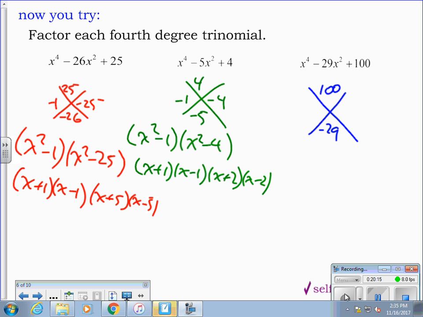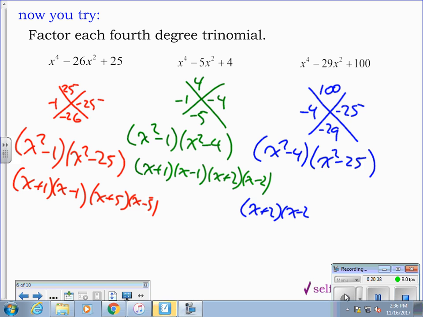Negative 4 and negative 25. You should be thinking when you see these problems, they should be two perfect squares. Are the numbers I'm adding and multiplying. That should kind of help give you a clue where to go on this. So x squared minus 4, x squared minus 25. So I end up with x plus 2, x minus 2, x plus 5, x minus 5.